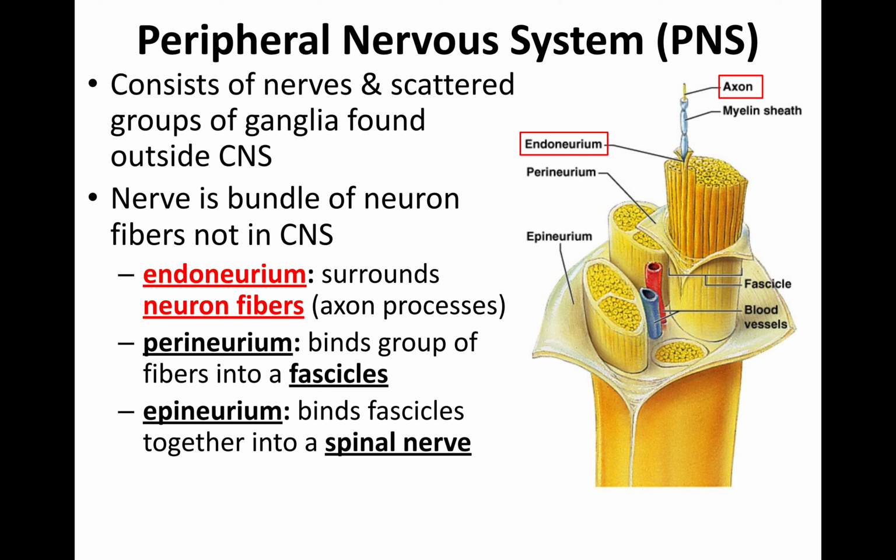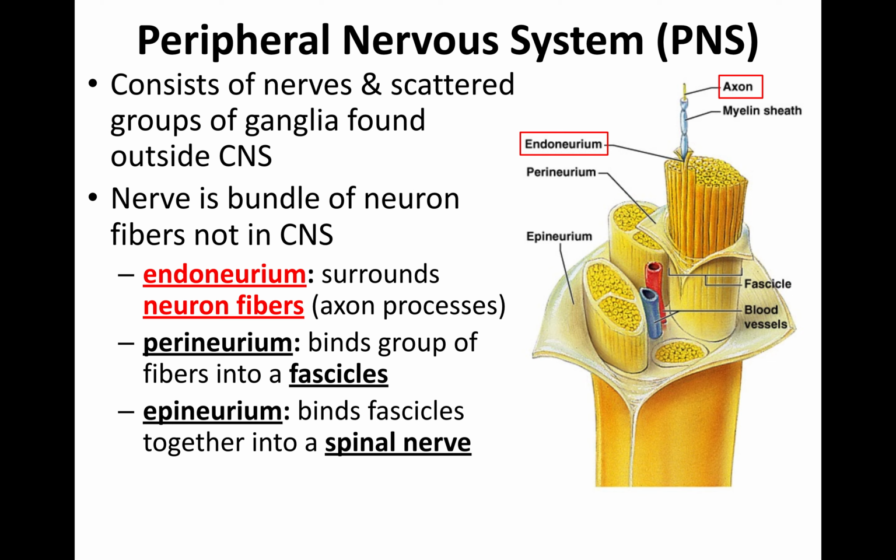So what do we do? We bundle those axons and cover them in layers. Okay? The first thing we do is, in addition to the myelin sheath that helps individual axons conduct impulses, we're also going to cover that myelin sheath with its own protective tissue layer called an endoneurium. And that's going to surround the neuron fiber or axon itself.